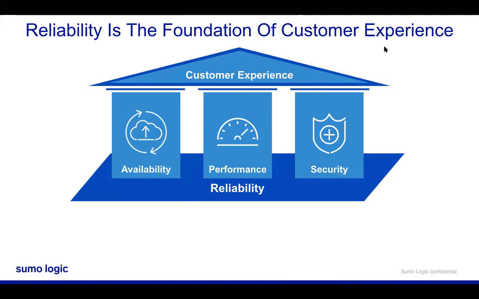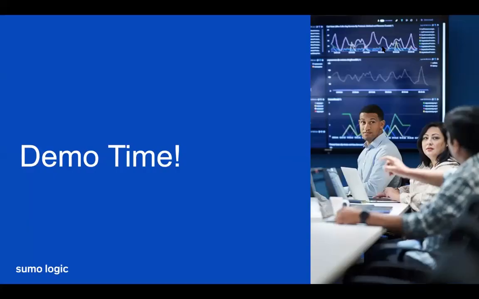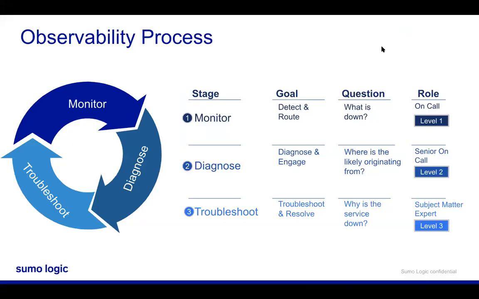Those are all things that can affect the customer experience, but reliability is more critical than anything because it provides support for all of that. And observability is the ability to take all of the data, the logs, metrics, and traces, and enable someone to view all that information in a single platform and then troubleshoot and find the issue and the true root cause.